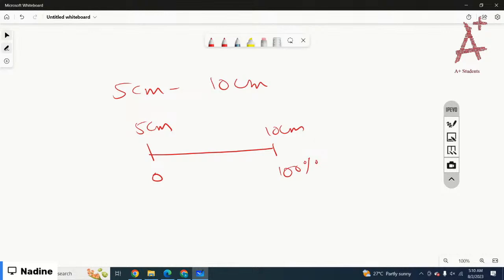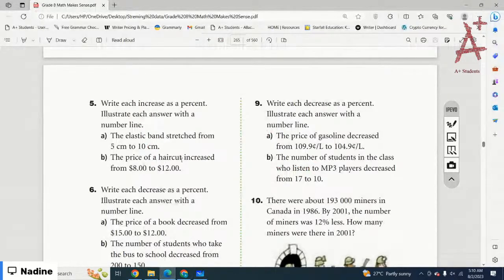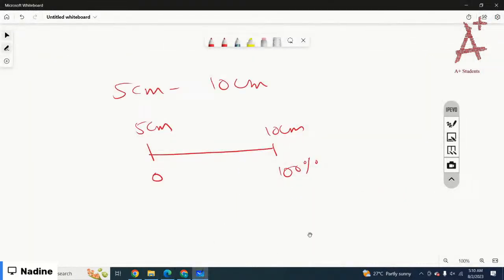Okay, the next one is: the price of a haircut increased from $8 to $12. So earlier it was 8, now it is 12, right? So 8 divided by 2 is 4. So earlier it was 8, now it is increased by 4. Got it?